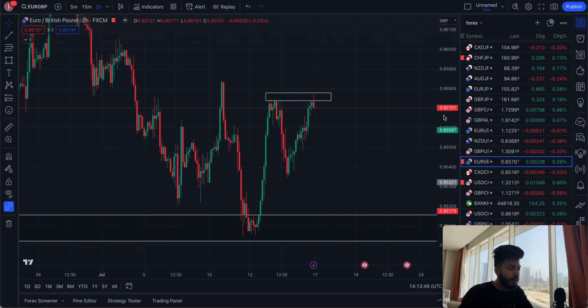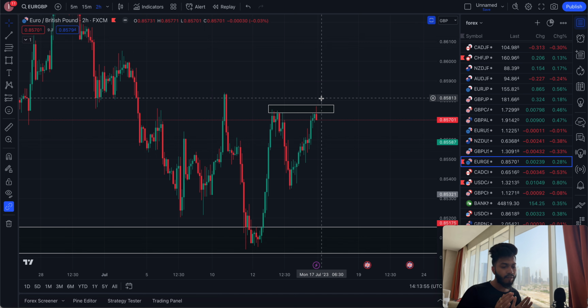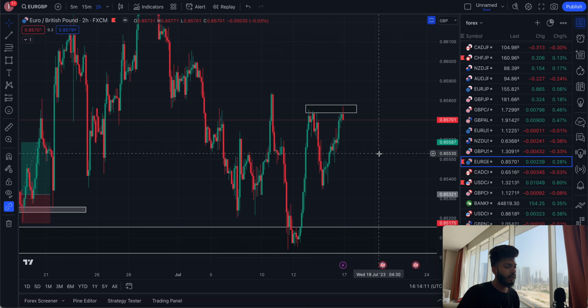If the market opens and this level breaks to the upside, then we will go with the daily time frame, planning that this is going to be bullish. If it goes downside, say it forms a red candle and again a red candle, our first target will be around the neckline level. So this is how it works.